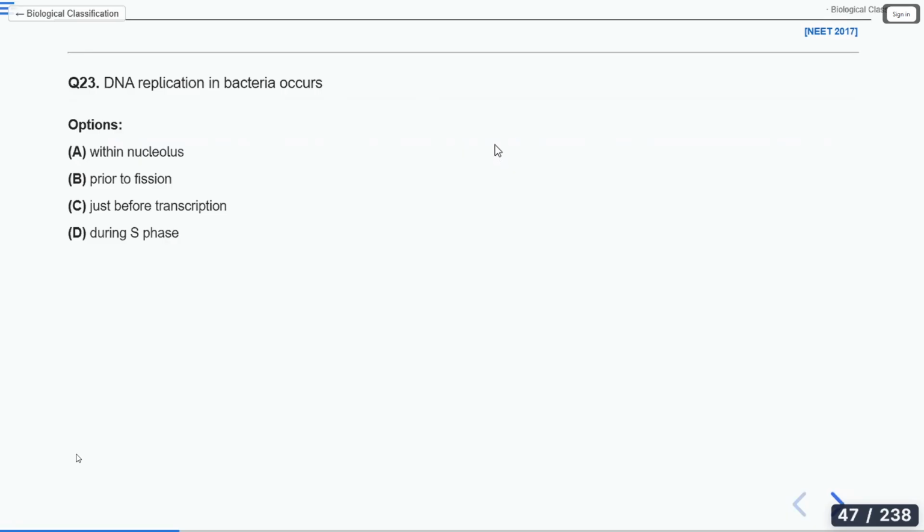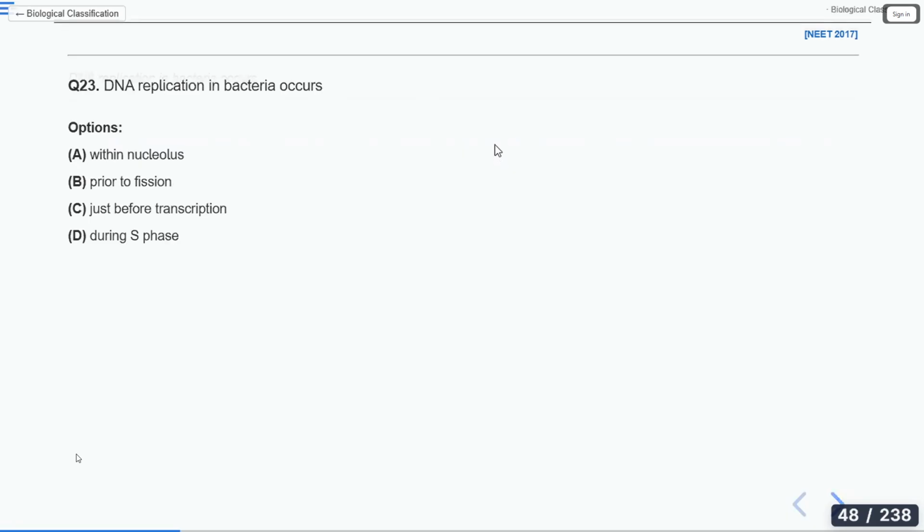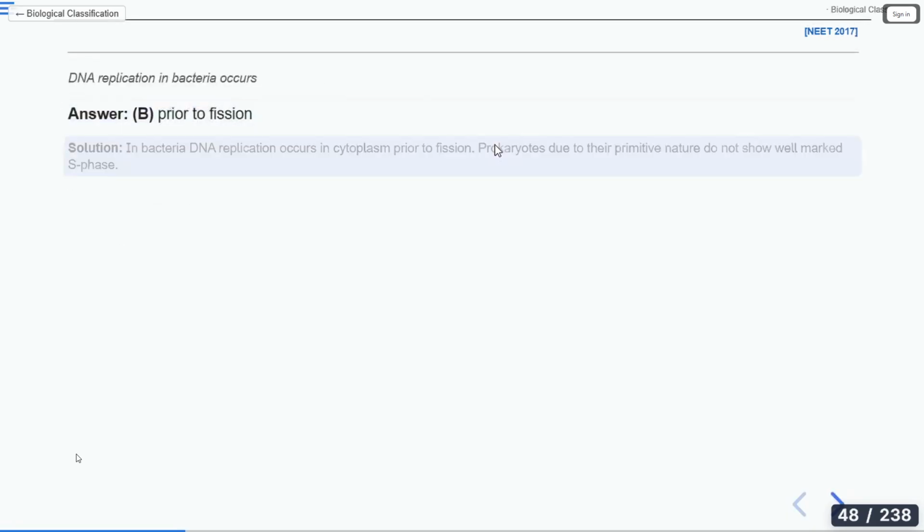Someone is giving option D, during S phase. B is correct, prior to fission. Let us check the answer. So replication in bacteria occurs prior to fission. So B is the correct answer.